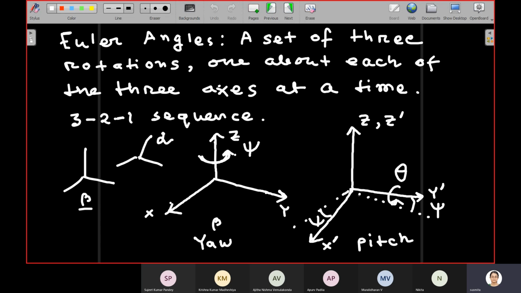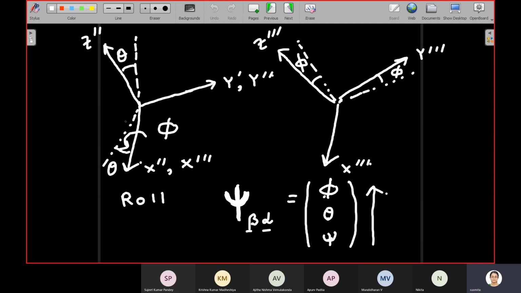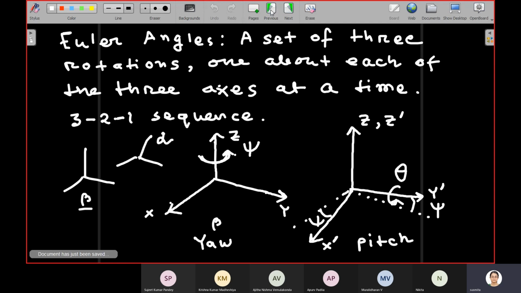The next rotation is about the x prime axis. Now with 90 degrees pitch, x prime has actually become parallel to this one, correct? And you will apply the rotation about that axis. So basically roll and yaw become indistinguishable because the new x prime axis is parallel to z axis. You already applied the yaw rotation about that z axis, and again you are going to apply the roll rotation about an axis parallel to z axis. So you are losing 1 degree of freedom.